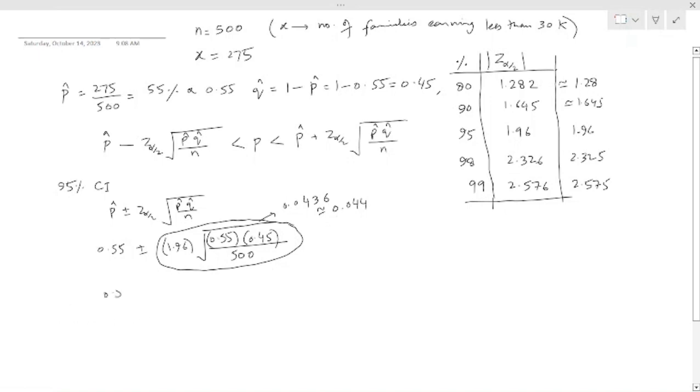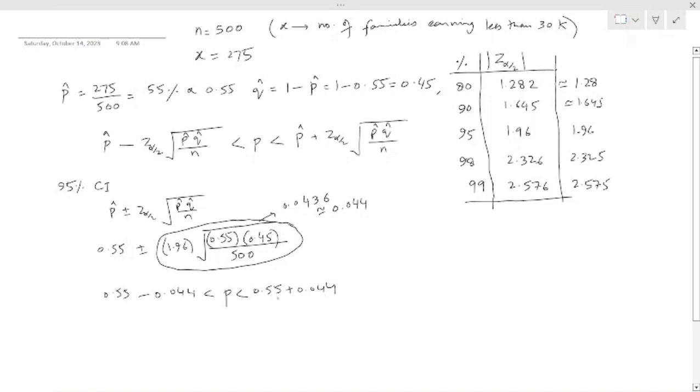So we subtract 0.044 to get the lower bound, and we add 0.044 to get the upper bound.